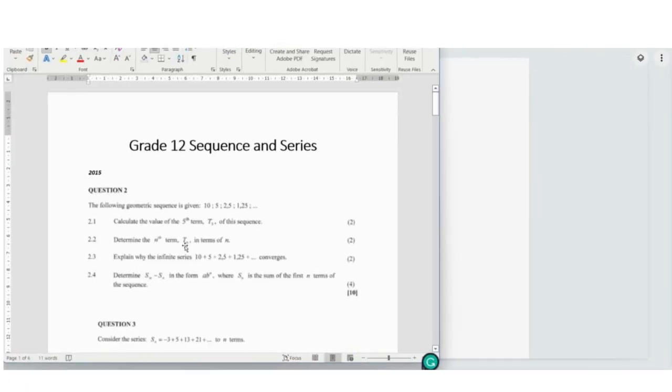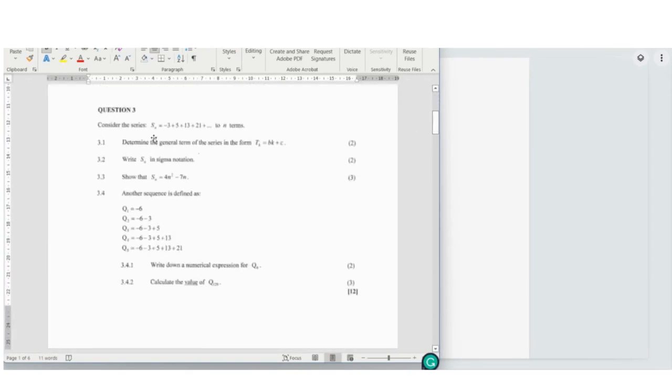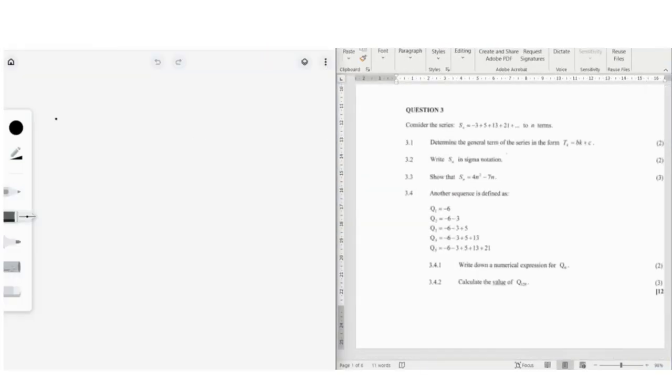So for question 3, consider the series Sn = -3 + 5 + 13 + 21 + ... to 2n terms. Okay, let me just write it down.